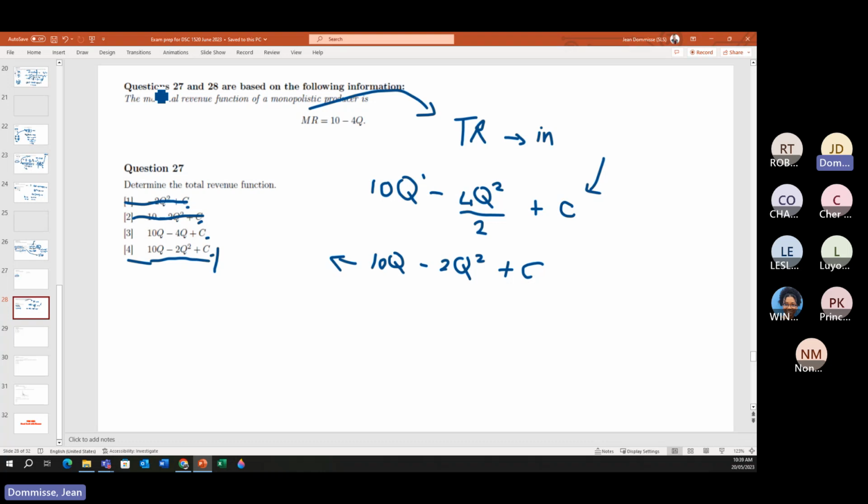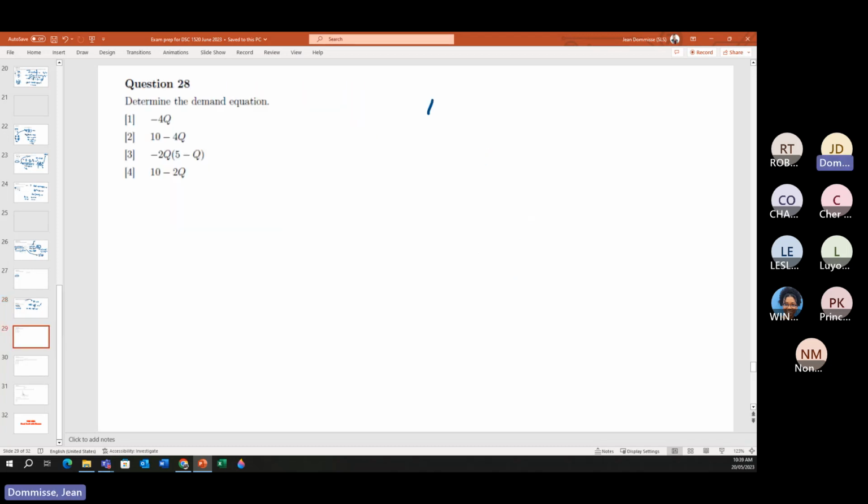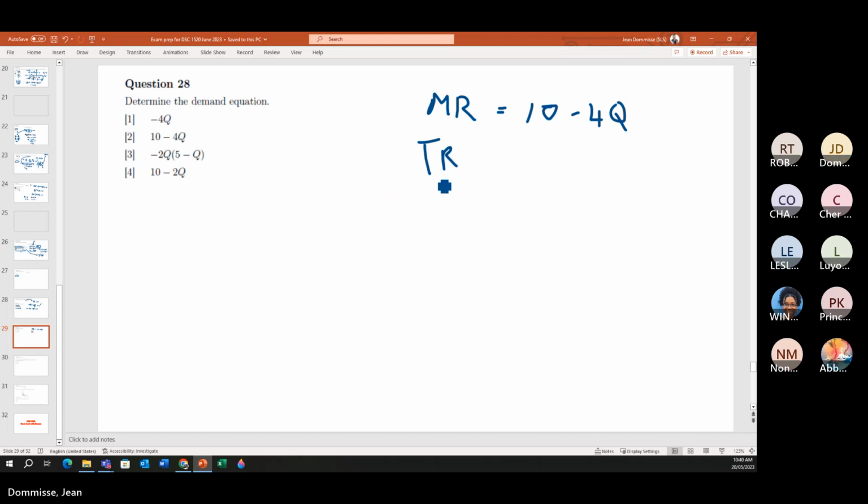Question 27 and 28 are based on this function. MR was equal to, let's just check, 10 minus 4Q, and total revenue we worked out now as 10Q minus 2Q2 plus C.